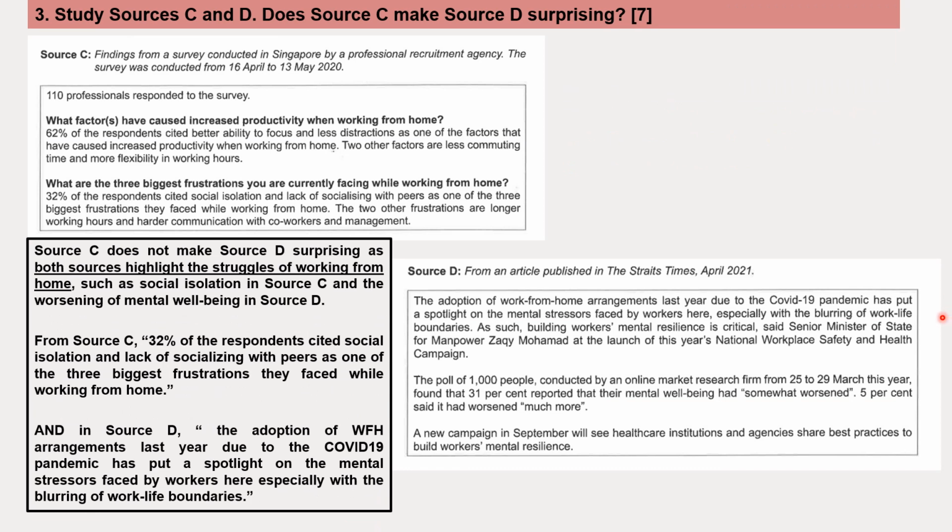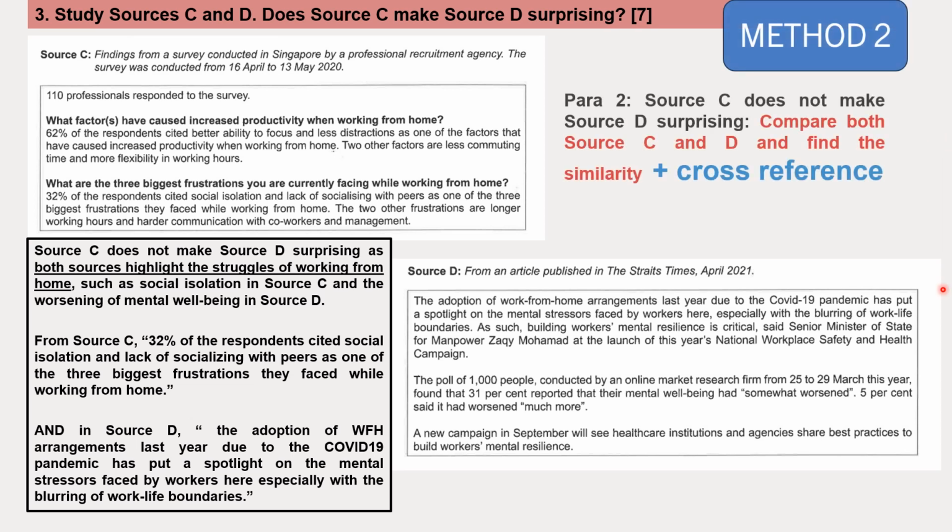So same thing when we look at another method too, right? Why is it not surprising? We are looking at the similarity. Just like now, when we compare, it is not surprising because both of them are saying that there are negative experiences of working from home.